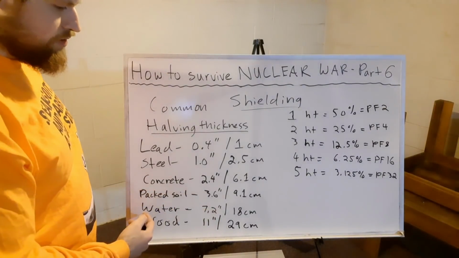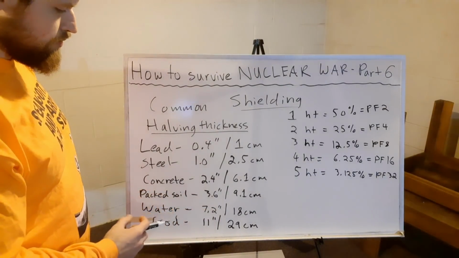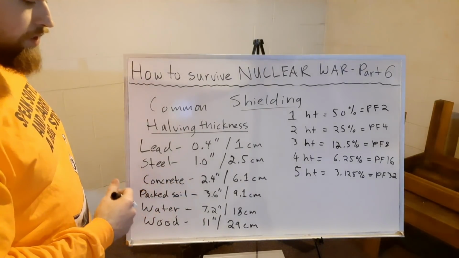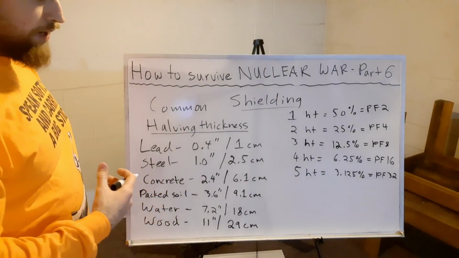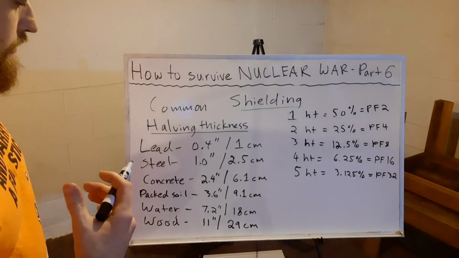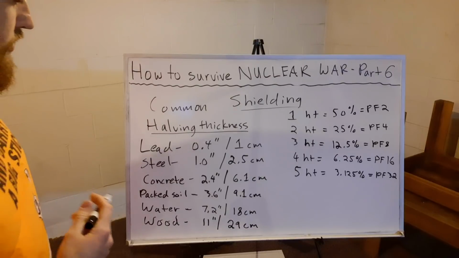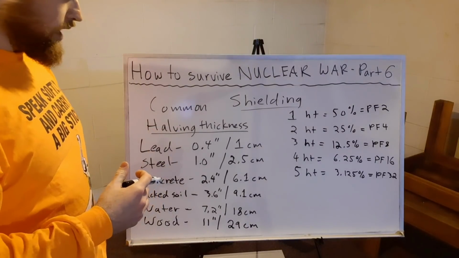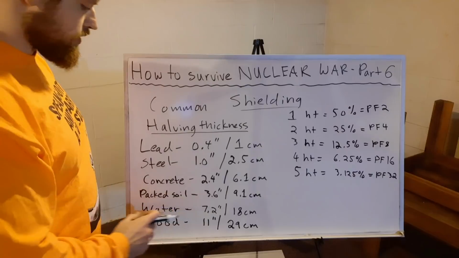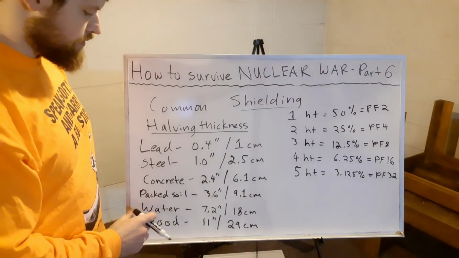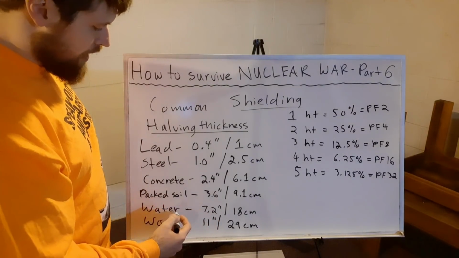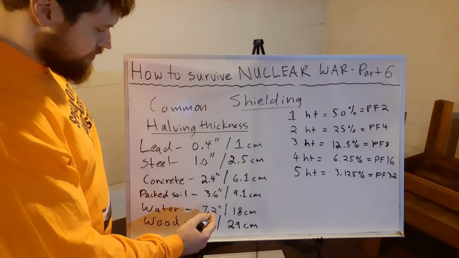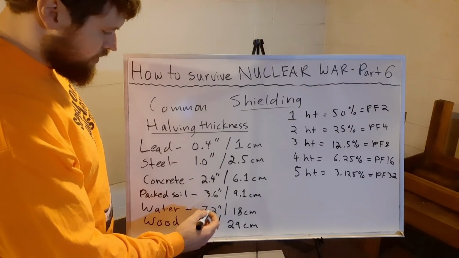But water is used in nuclear power plants to shield from the neutron radiation around the nuclear fuel rods. So they submerge the fuel rods in water because water is really good at blocking neutron radiation, but it can also block gamma radiation pretty good as well.